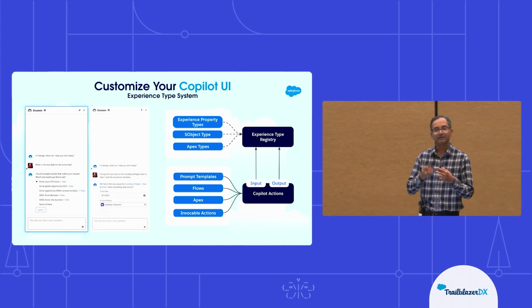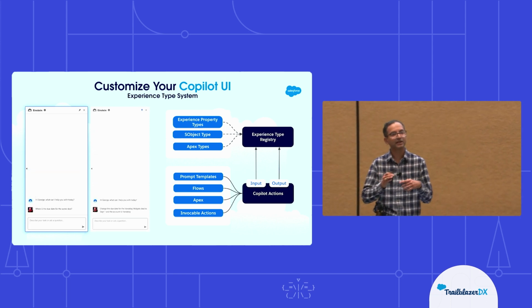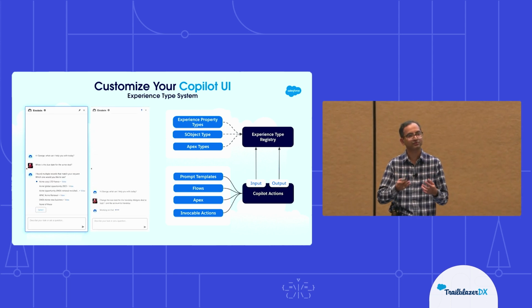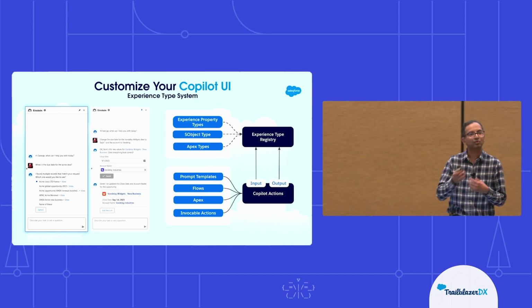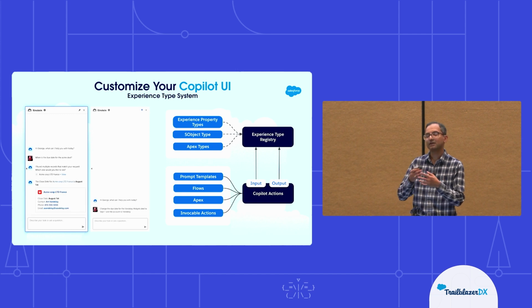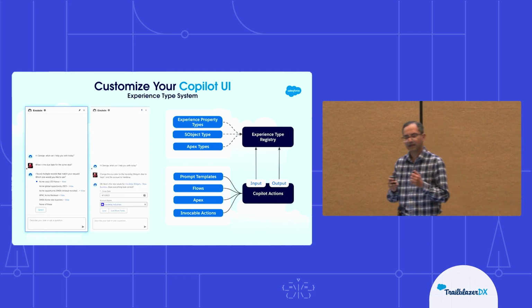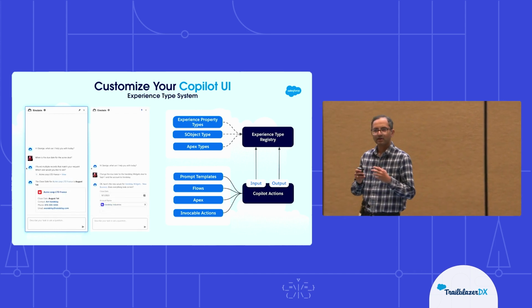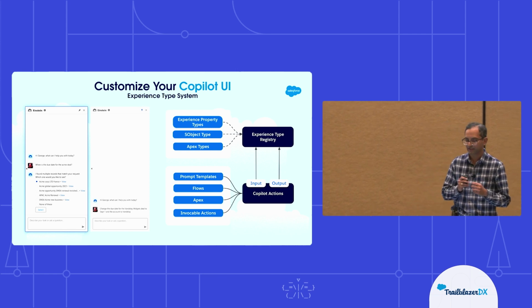You see that there is a disambiguation step. If someone asks for certain things, it will go back to the user and ask for more details. It could also be an update case wherein you want to update certain things. Again, it comes up with a form-like view in your conversational interface. Now you might be asking, what is all of this together? This is what we call the experience type system.